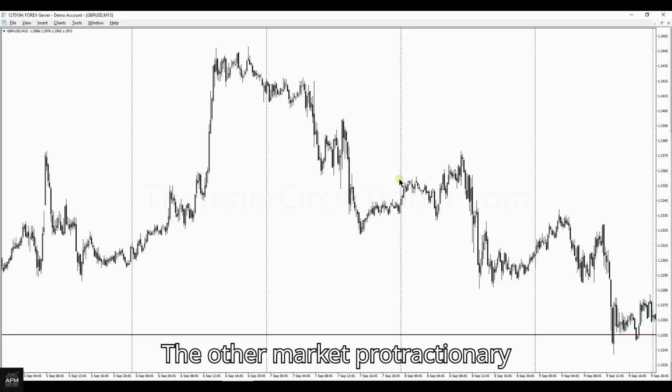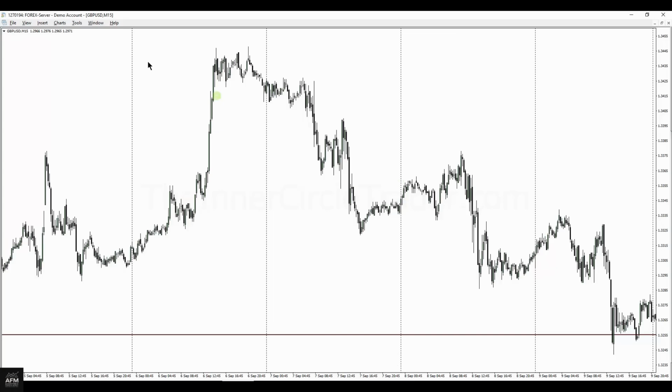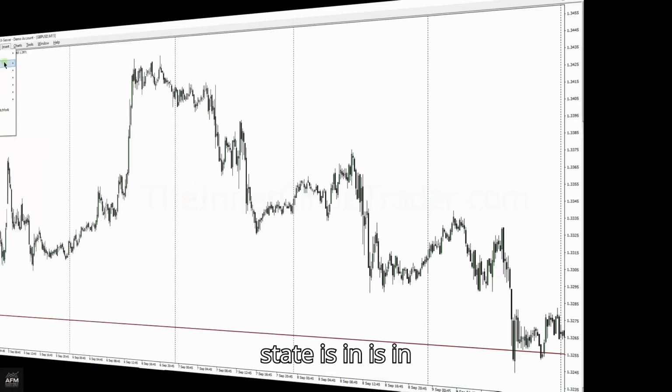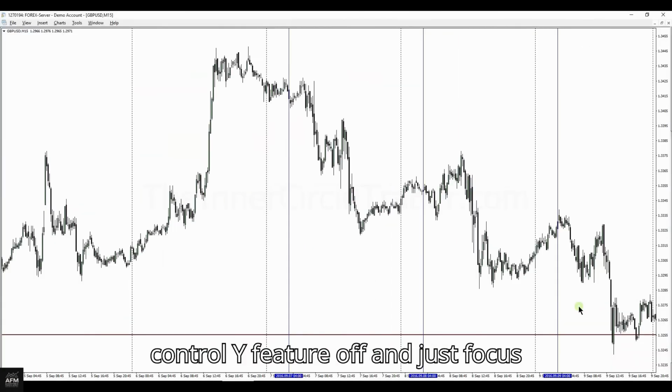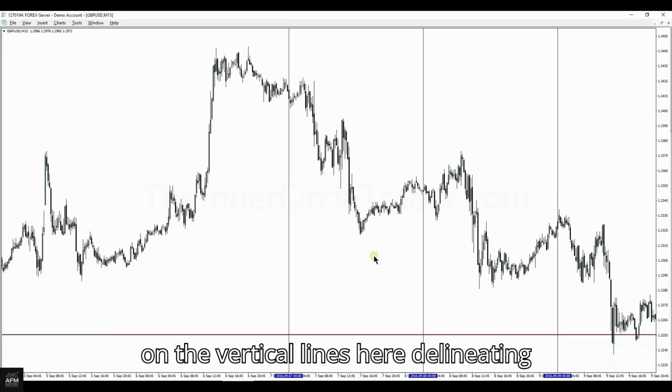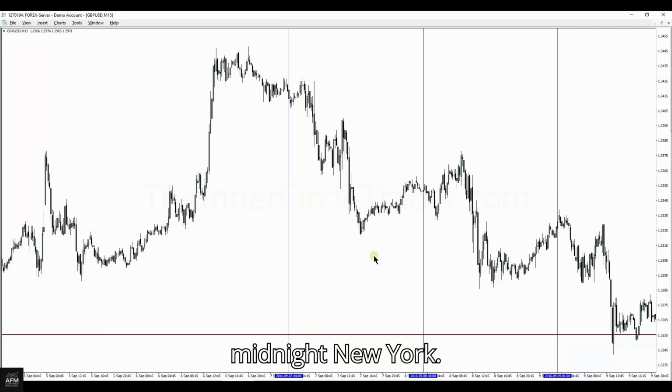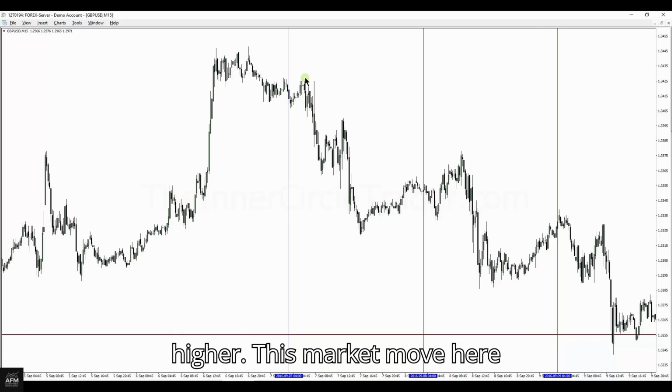The other market protractionary state is in London. Now we can take the Control Y feature off and just focus on the vertical lines here delineating midnight New York. Initially, right after midnight New York, on this day, we have a market move higher.